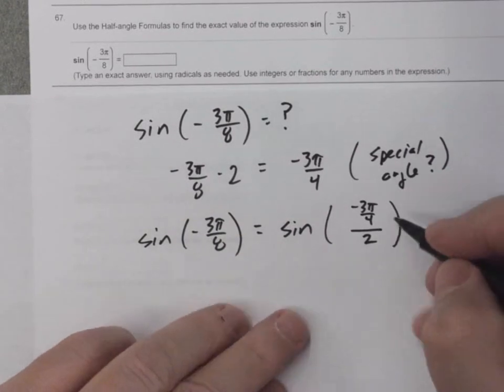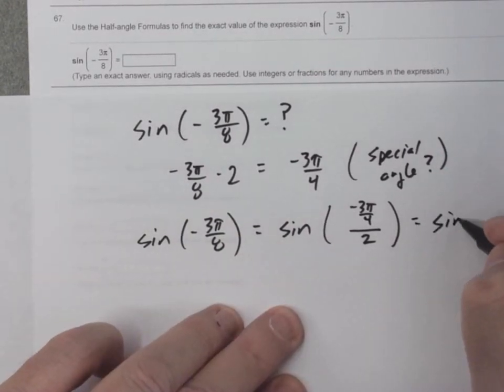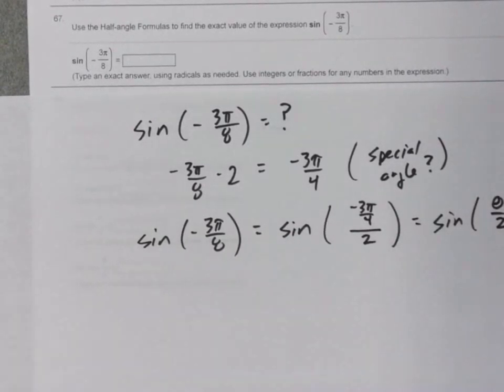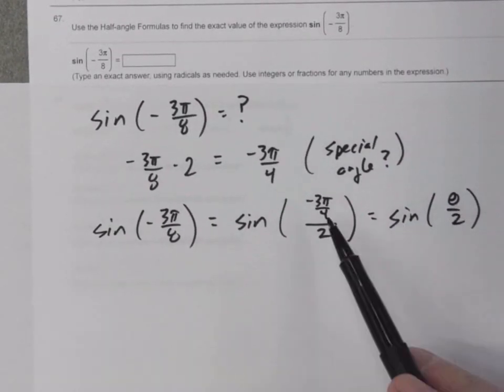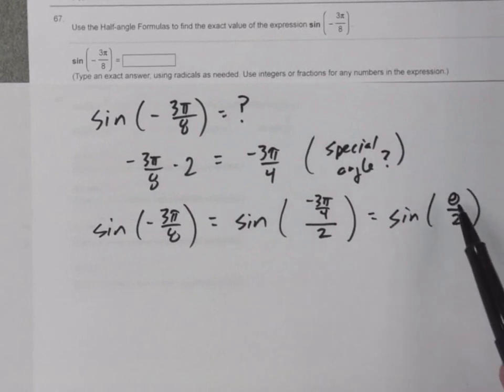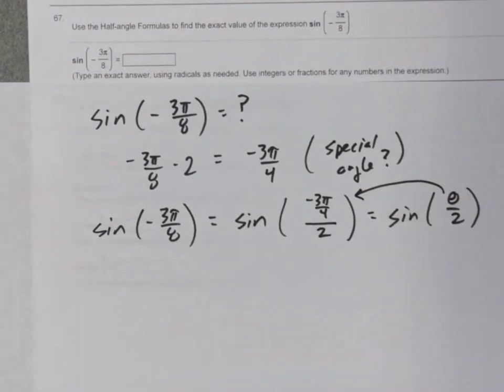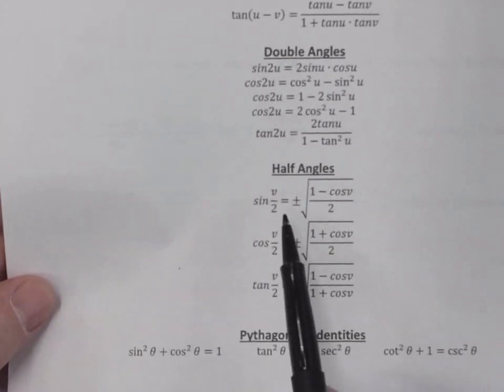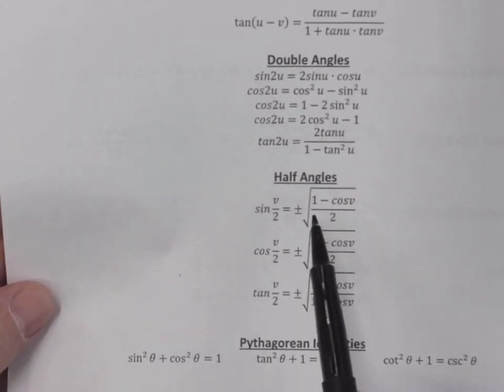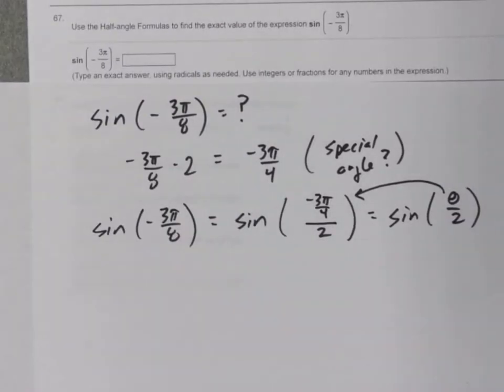But the key is now I can imagine this to be theta over 2, where theta is negative 3 pi over 4. And because that's a special angle, I can go ahead and use my half angle formulas. The half angle formula for the sine of your angle divided by 2 is this, and I'm going to make sure it's negative.